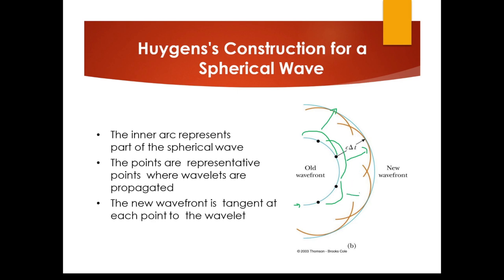And when they're all in phase, they make this new wavefront that's, again, tangent to all these points. It's just not straight anymore, but it's a nice circle, but it's still tangent to the vertices. And so he made sure to prove the spherical wave as well, because everyone observed straight waves, but also waves coming out in a circular pattern.